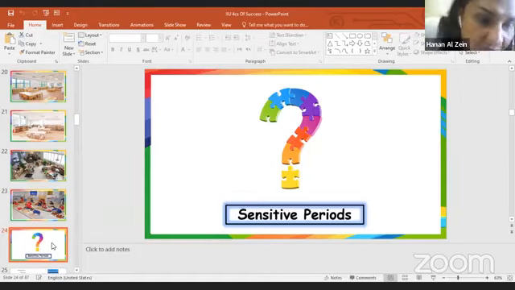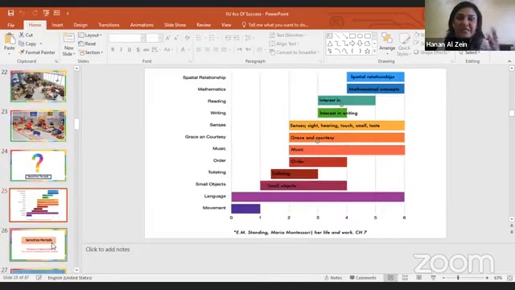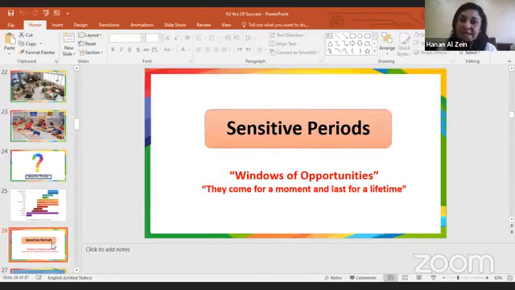So according to her, we have these kinds of sensitive periods in the child's life that we should exploit as teachers and as parents with activities. And according to her, some students develop learning disabilities or some kind of difficulties in their learning process, just because we teachers are not preparing them very well, using incorrect strategies. So this is what she was highlighting as a theory, and we're going to see that in the video ahead.